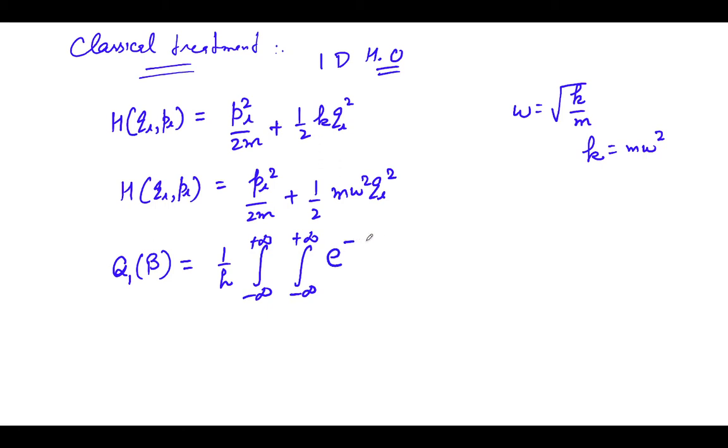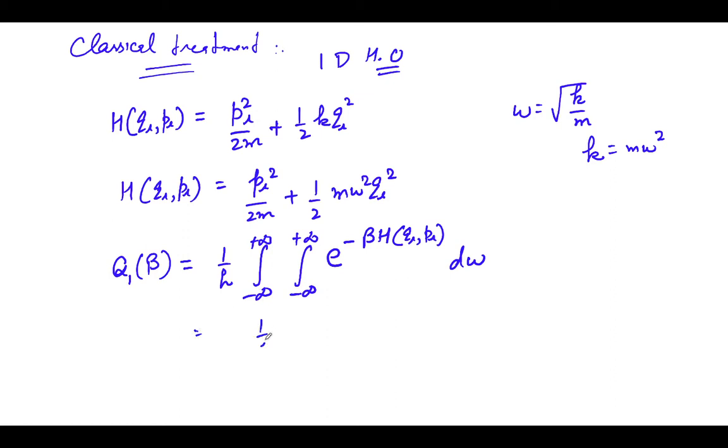In classical mechanics we know that the energy distribution is continuous, so we write the partition function as an integration of exponential of minus beta into H, which depends upon the position and momentum coordinates, multiplied by the volume of the confined region in which our harmonic oscillator system is present.